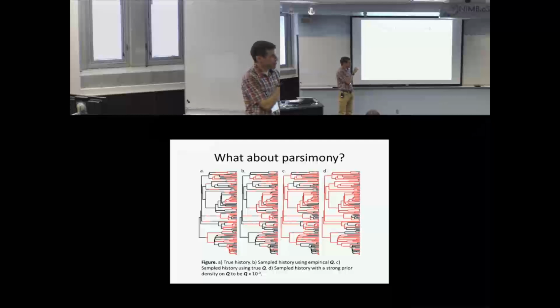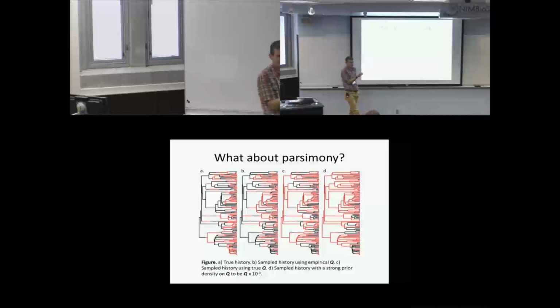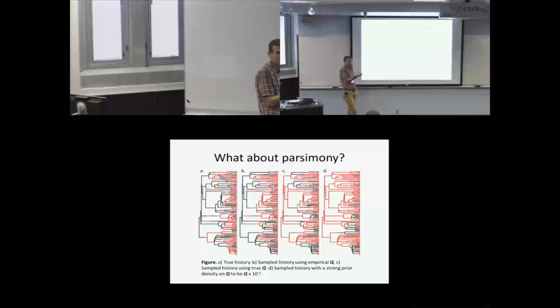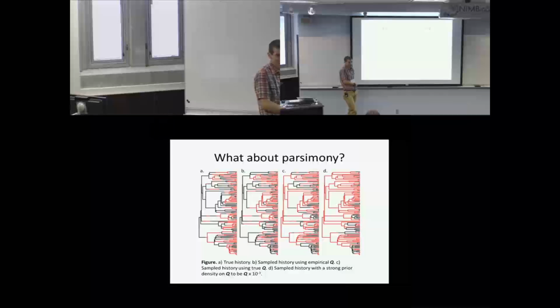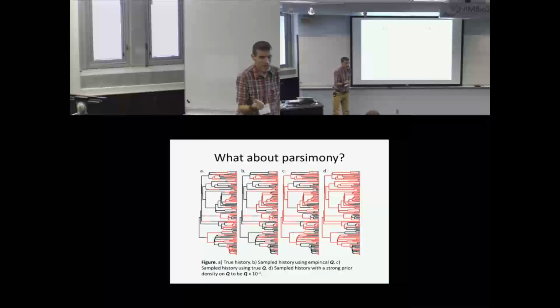And also, for many character patterns, that assumption may be valid. If we have few changes in the generating data, then it'll be of no consequence whether we use maximum parsimony or likelihood to reconstruct ancestral states, except that maximum parsimony gives us no idea of how confident or unconfident we should be in those ancestral states.